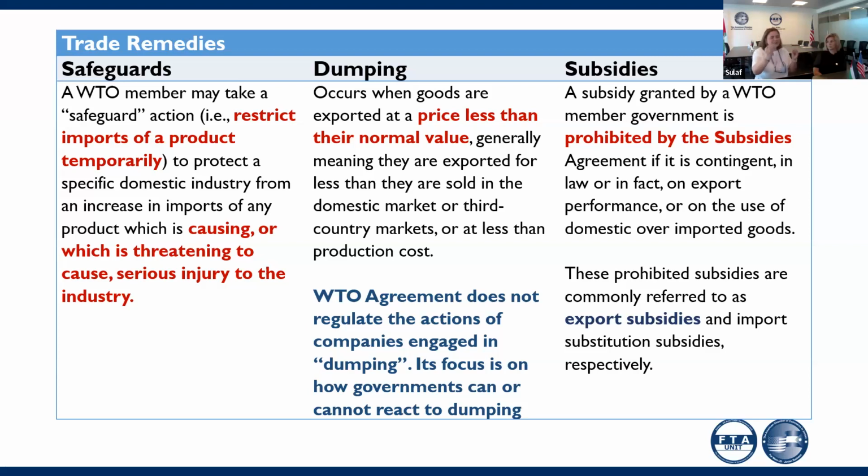This is, in simple terms, the meaning of dumping. That means the company is taking advantage of its scale or its dominance to break other competitors. So in that sense, the importing country can take specific measures to increase the tariff on that company specifically to offset the dumping. The other measure is subsidies and countervailing duties.